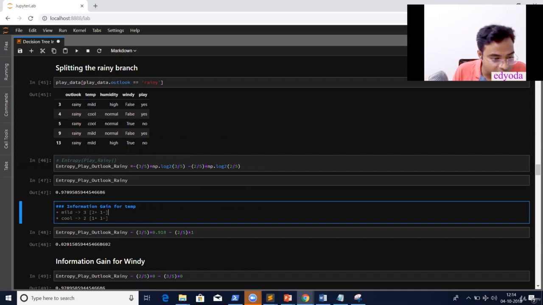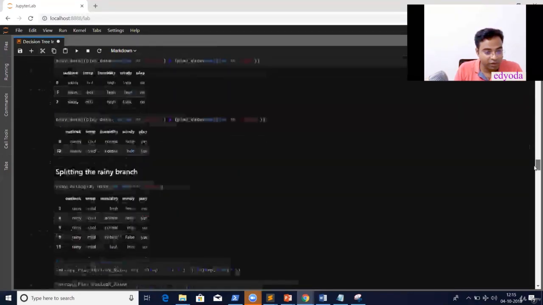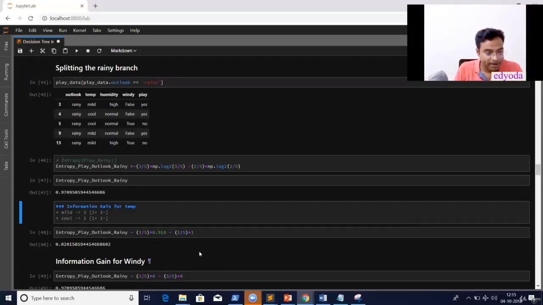So that's why the math here comes. Okay, so it is 1 by 3 and 2 by 3. So if you look in the past, we have calculated this. See, this is 1 by 3 and 2 by 3. It is 0.918. So that's why I'm putting here 0.918 directly, right?